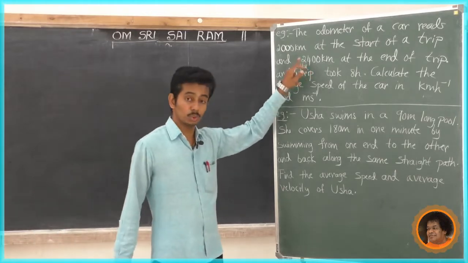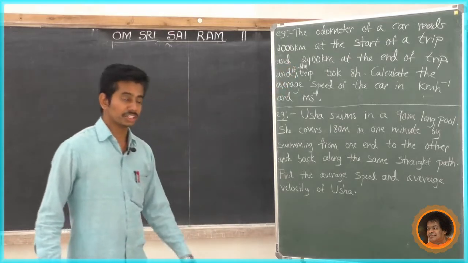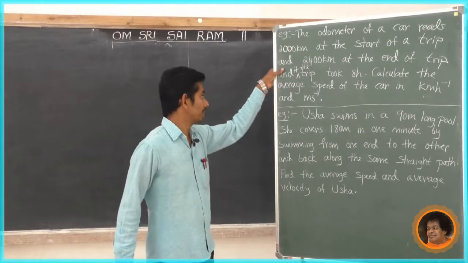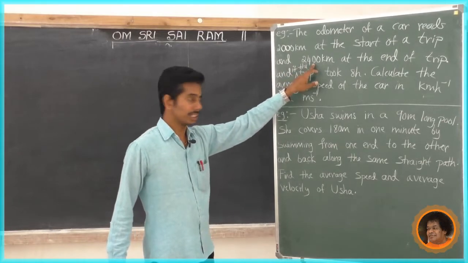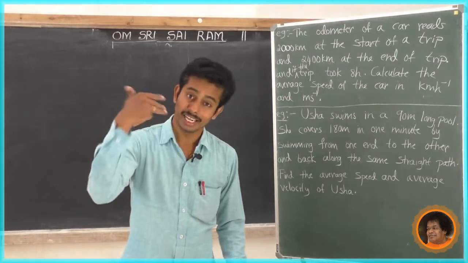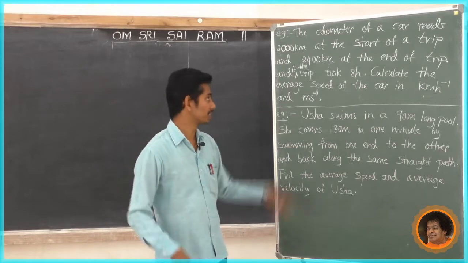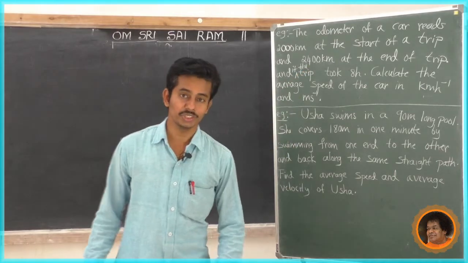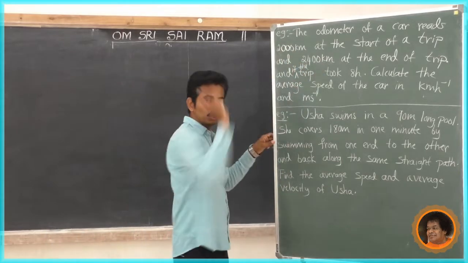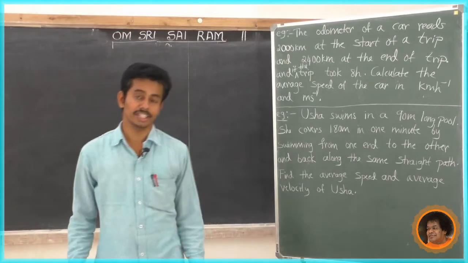Now what is the total distance covered by that car? At the start it is 2000, at the end of the trip it is 2400. So the distance traveled by the car is 400 km. Why is it 400? 2400 minus 2000 equals 400 km.